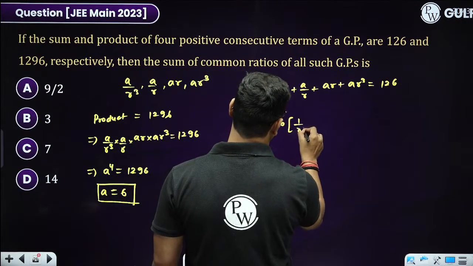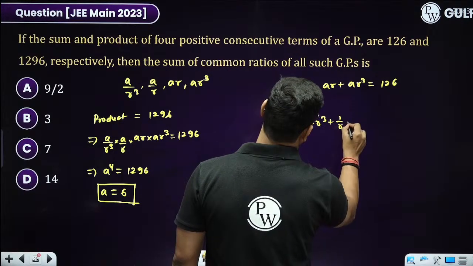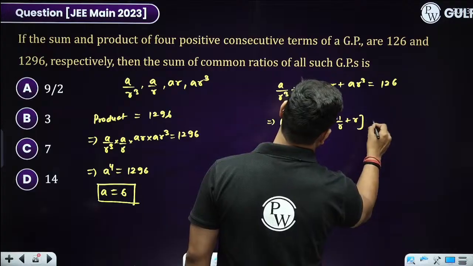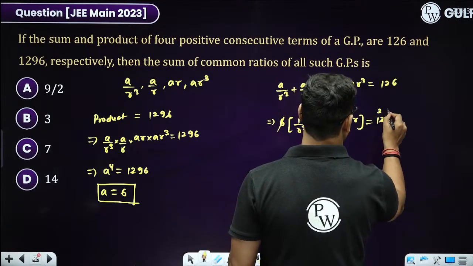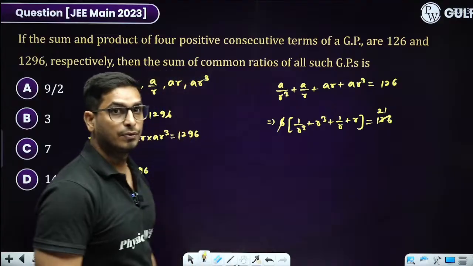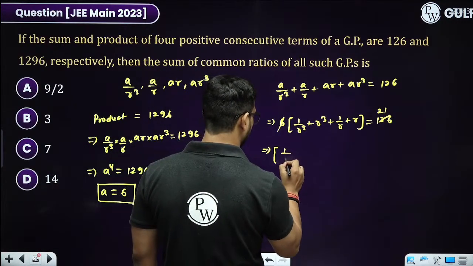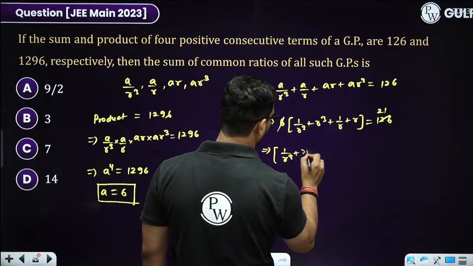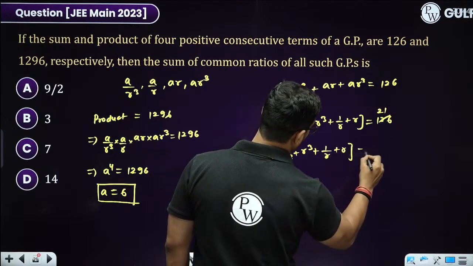So 1 by R cube plus R cube plus 1 by R plus R equals 21. Can I write like this? Now if you know maths, I hope you can solve this one.